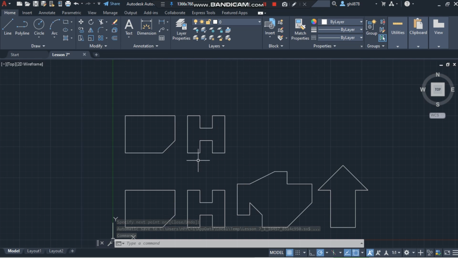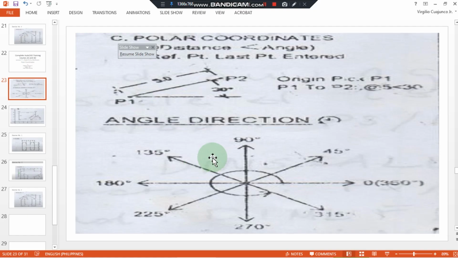Just a recap. To the right is 0, upward 90, left 180, downward 270. Then we have 45 degrees, its counterpart to the left is 135, downward to the left is 225, and 315.